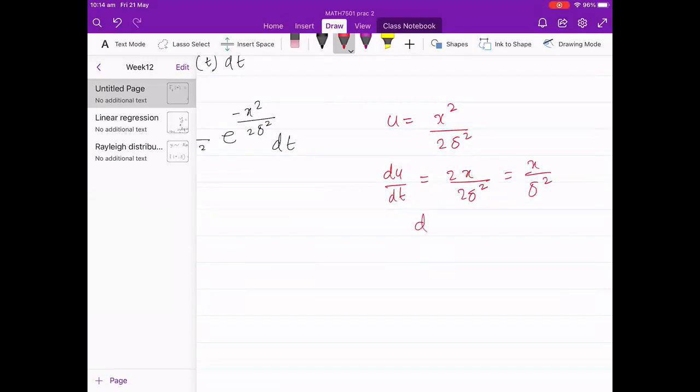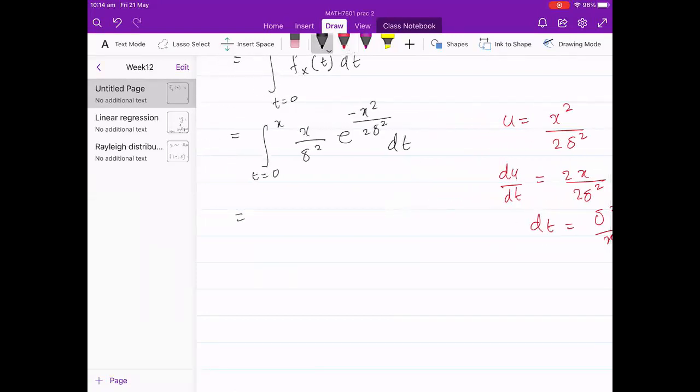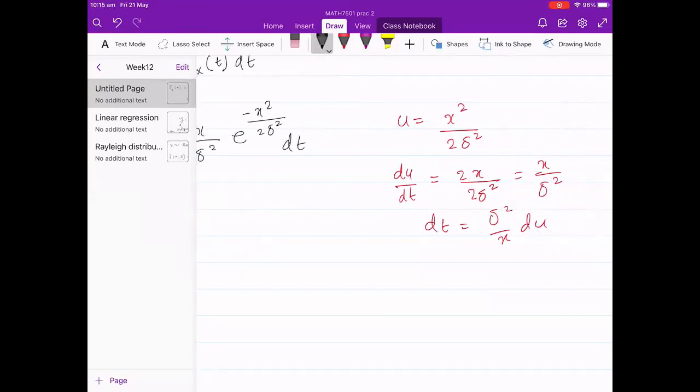So you get dt is sigma squared over x du. Okay, then substitute in that, you should be able to get 0 to x. x is u. Sorry, I think I made a mistake here. du by dx.